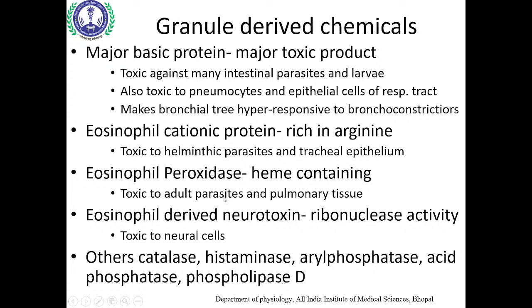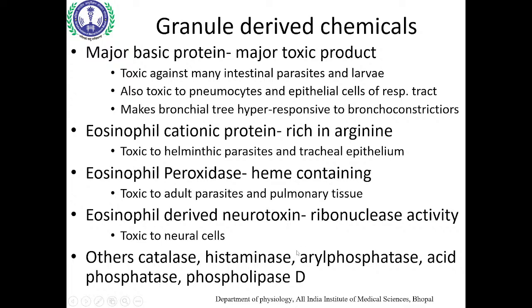Then we have eosinophil peroxidase, which is mainly active against the adult parasites, right? The major basic protein is for the larval stage. ठीक है, इसकी भी पूरी बहुत बड़ी सी लिस्ट दी हुई है. You can at least go through it once or twice. Then we have eosinophil derived neurotoxins, which have ribonuclease activity and are toxic to the neural cells.